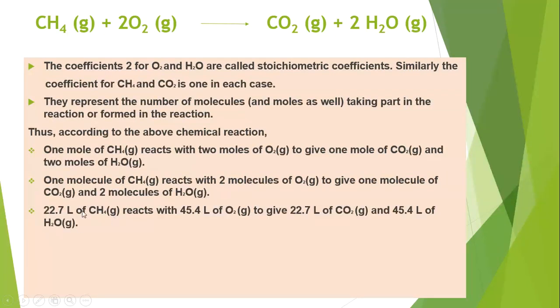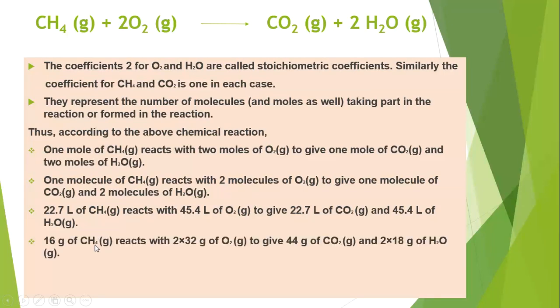In liters volume case, 22.7 liter of methane reacts with 2 into 22.7, so it becomes 45.4 liter of oxygen to give 22.7 liter of carbon dioxide and 45.4 liter of H2O. In terms of volume we are saying.